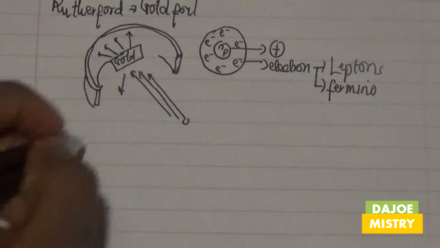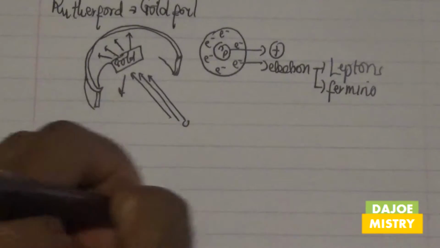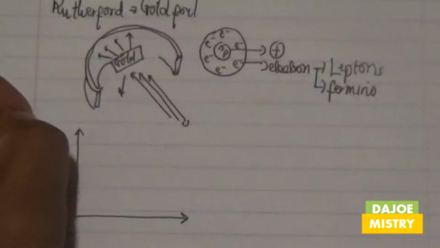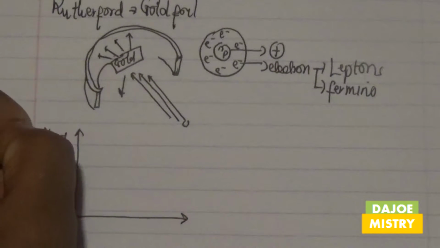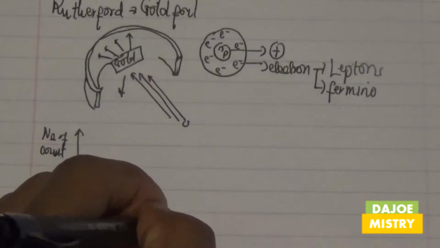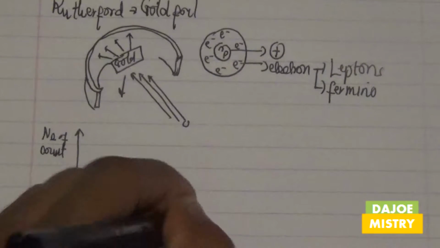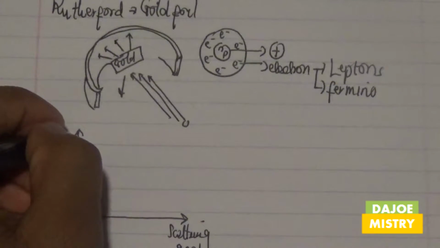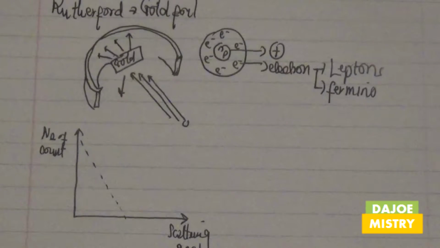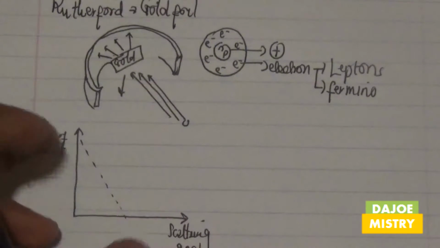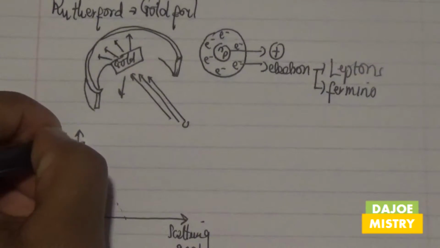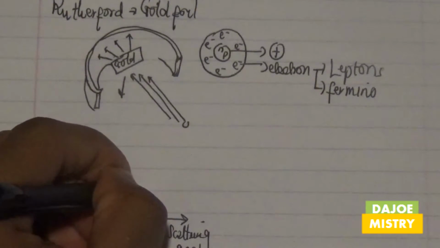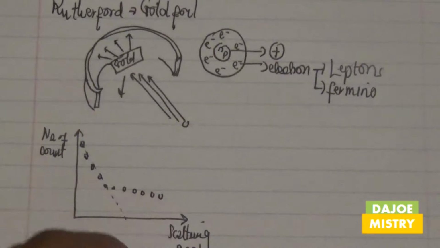Interestingly, when we perform this experiment, subjecting it to the Rutherford scattering process, we looked at the number of counts versus the scattering angle. What we realize is that if we introduce this plot, which is a theoretical one where we actually have no scattering, we get a nice change as we go to increasing scattering angles.